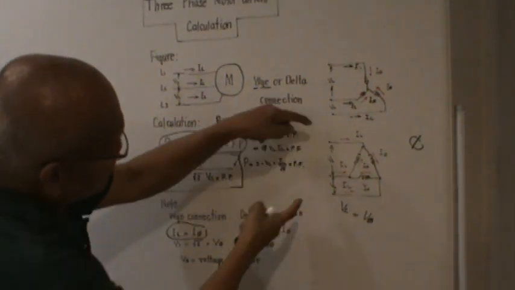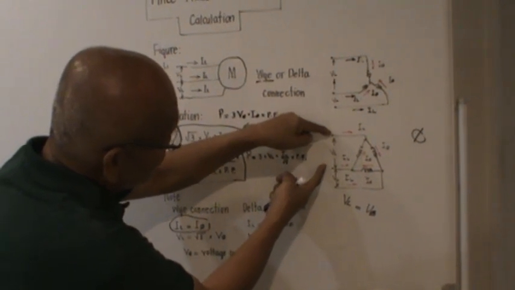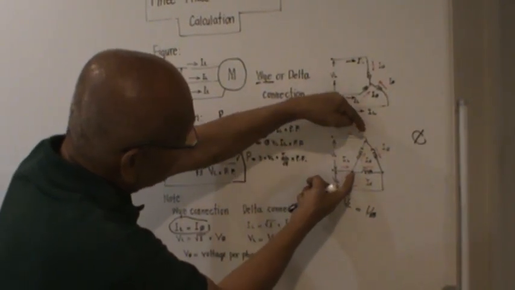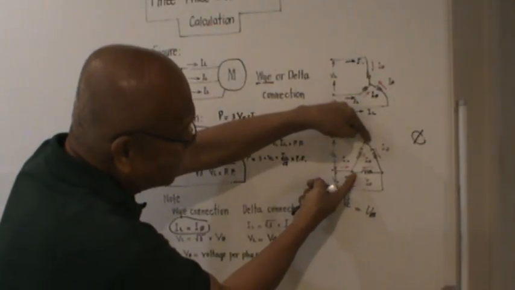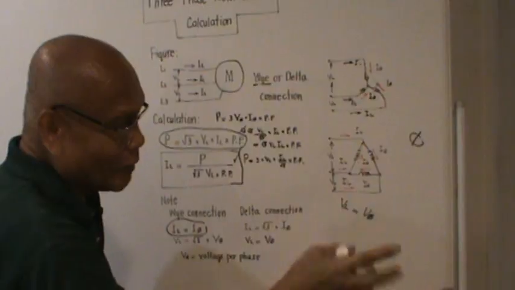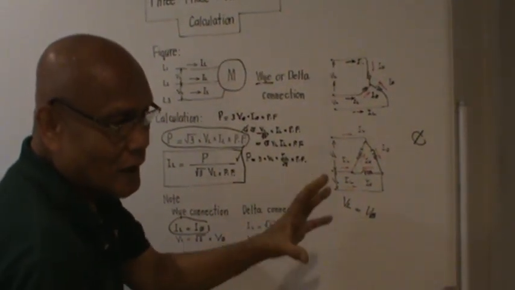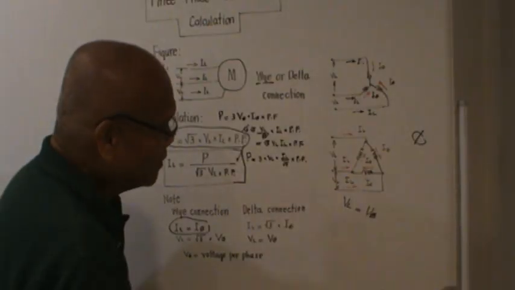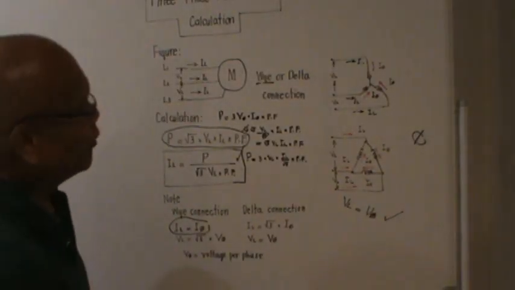This is the line-to-line voltage, and this voltage here is the same as this voltage here, which is phase voltage number 1. So for a delta connection, whether we like it or not, the line voltage is the same as the phase voltage. So this will be the first relation that will be needed. And how about the current?